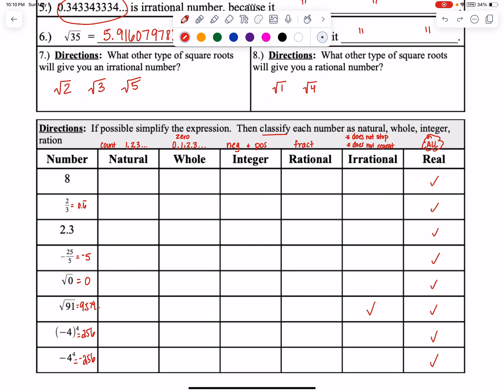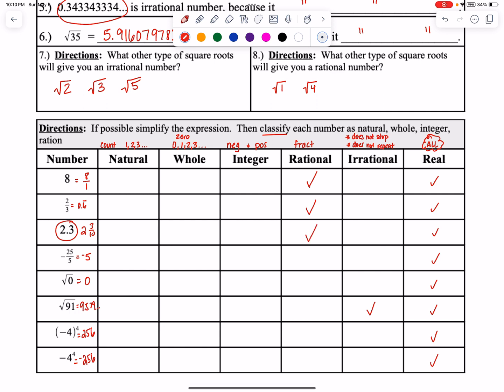Now let's look at the rational category. Rational is anything that could be written as a fraction. So this could be 8/1, that could be a fraction. 2/3 is a fraction. This here is 2 and 3/10, so that can be written as a fraction.